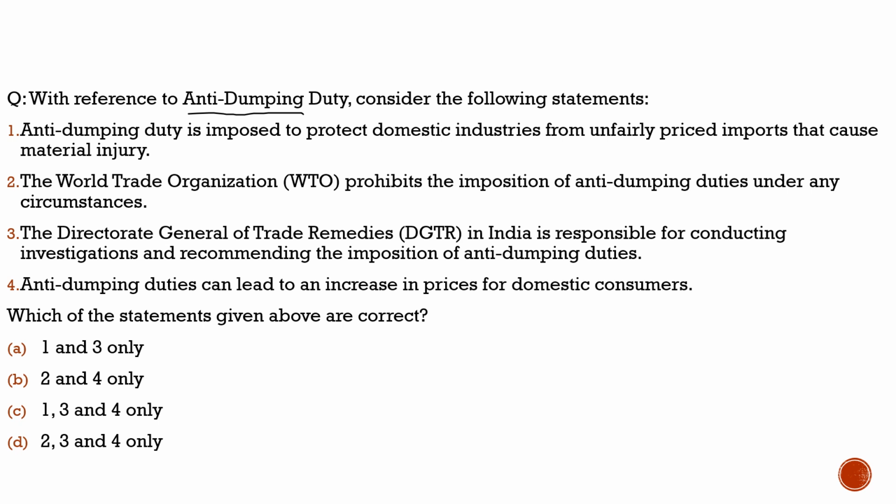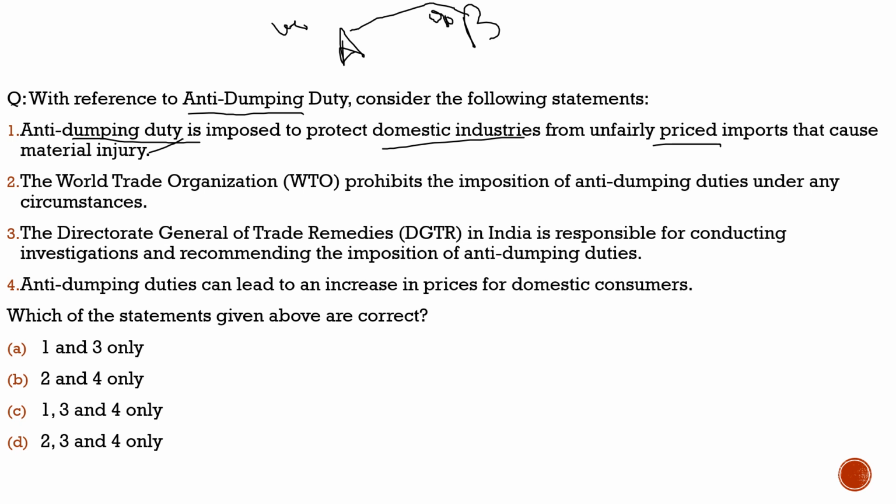Here the question says, with reference to anti-dumping duty, consider the following statements. First statement, anti-dumping duty is imposed to protect domestic industries from unfairly priced imports that cause material injury. 100% correct. For example, suppose there is a country A, and there is a destination country B. Suppose country A develops certain goods for an amount of 100, but it will dump it into country B for just rupees 90.